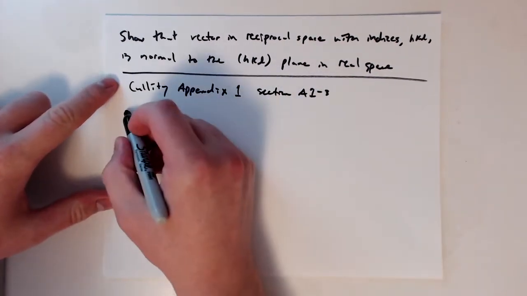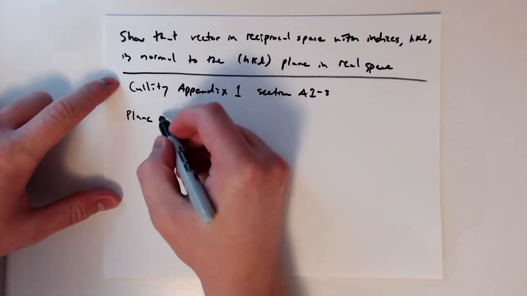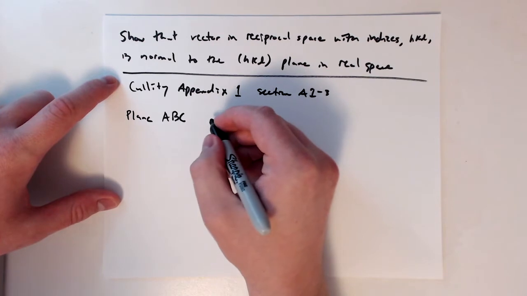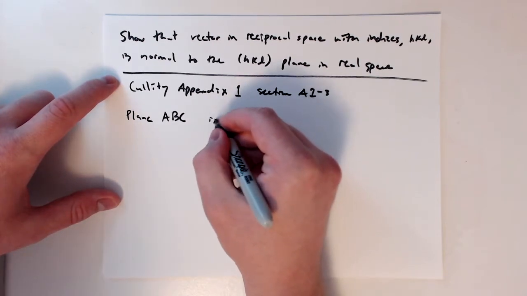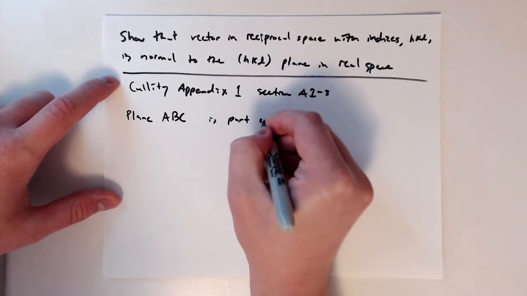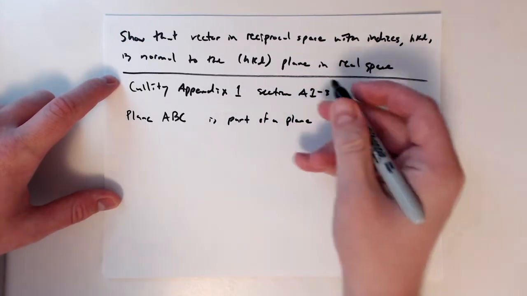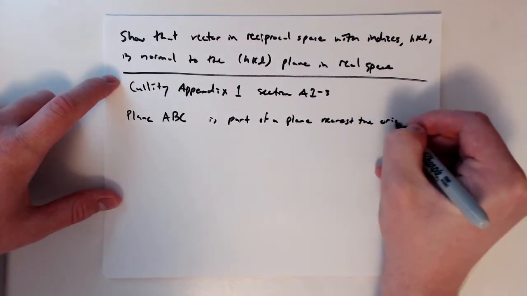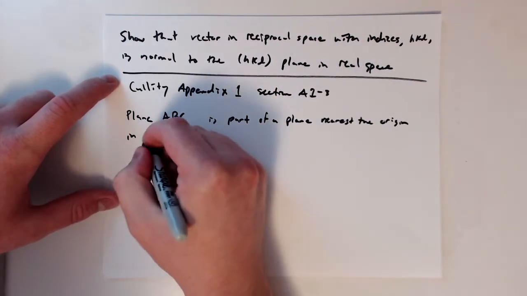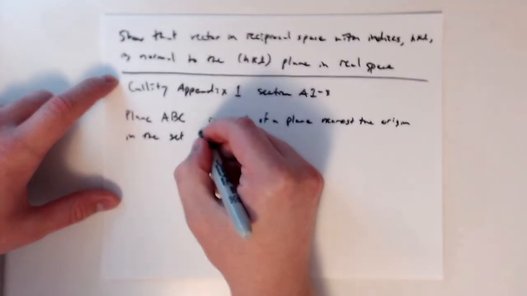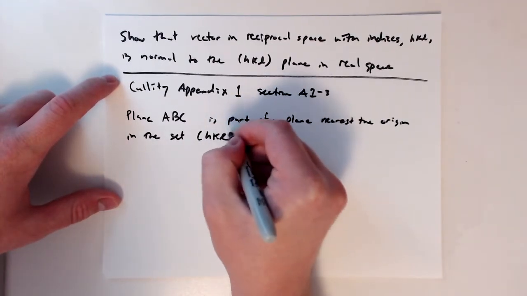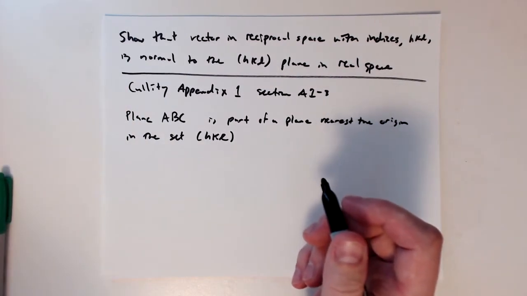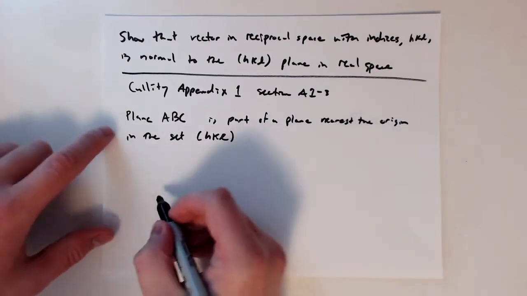So what we're going to look at is a plane ABC, and it is part of a plane nearest the origin in the set HKL. All right, so let me draw you real space again and show you what I'm talking about here.